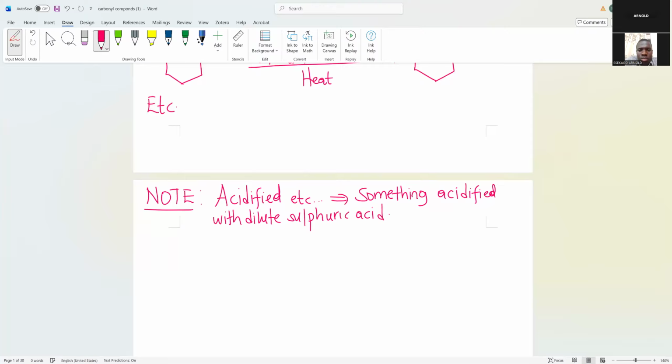I have also mentioned that ketones are not oxidized, due to the reasons above, which I highlighted.